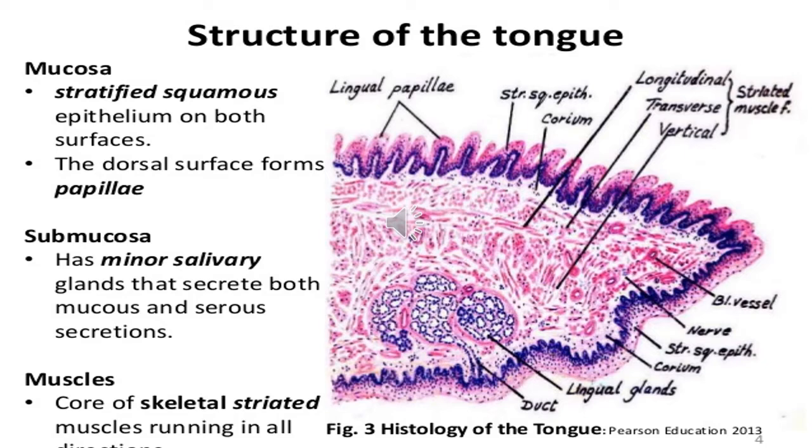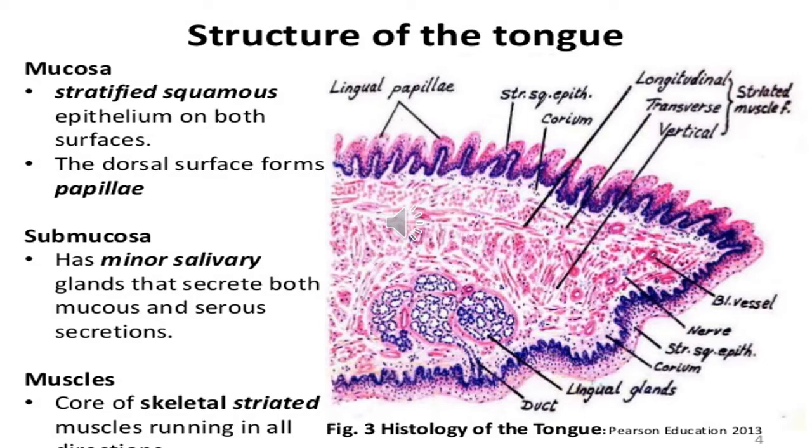As I have told you, the mucosa on the dorsal surface is stratified squamous keratinized epithelium, and the dorsal surface bears a large number of lingual papilla on it.